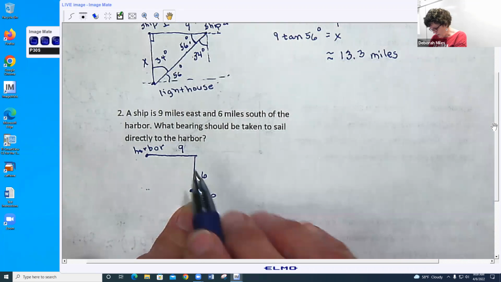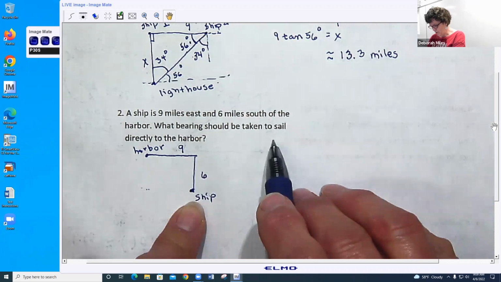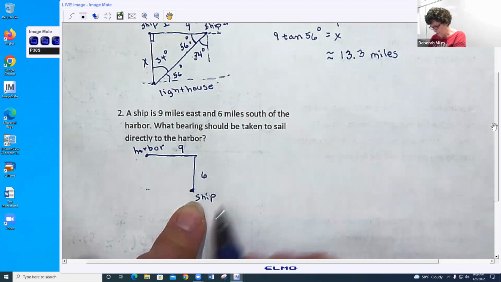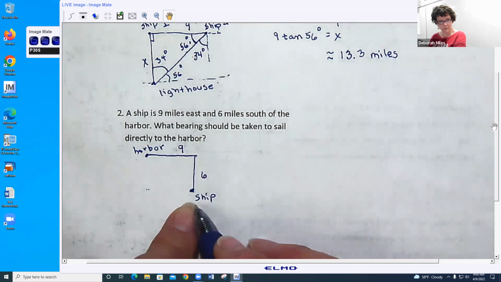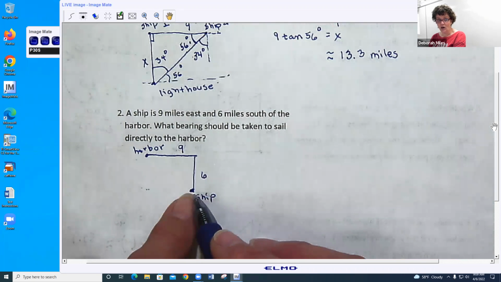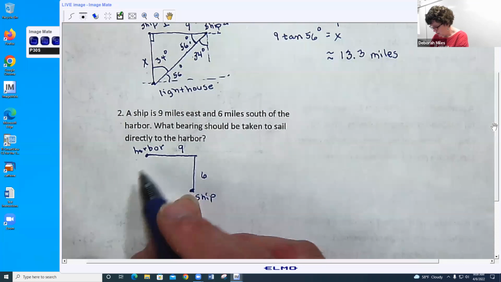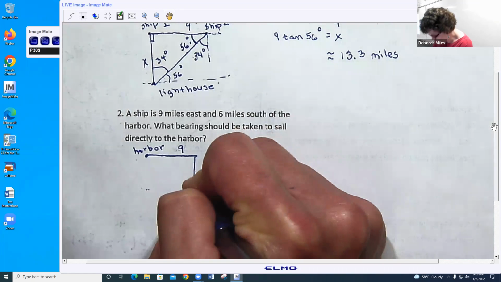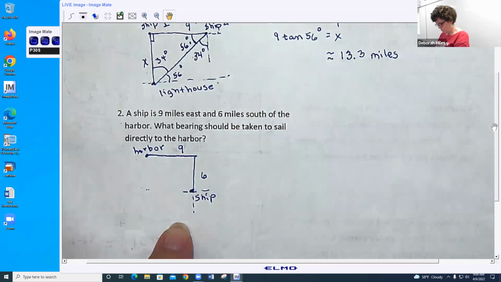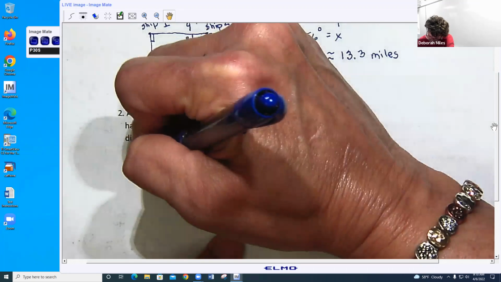So what bearing should be taken to sail directly to the harbor? Where should I put my north-south line? Am I starting at the harbor or starting at the ship? Start where the ship is and sail directly to the harbor. So the ship is where I want my north-south line. And I'm looking for this bearing right here.